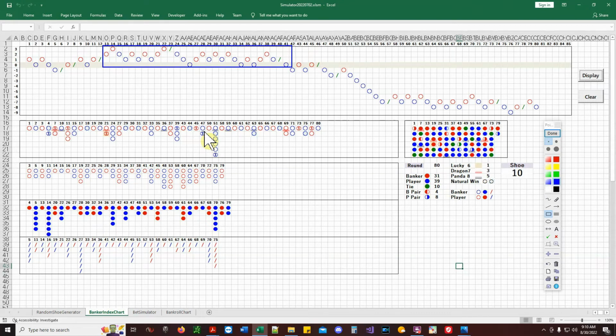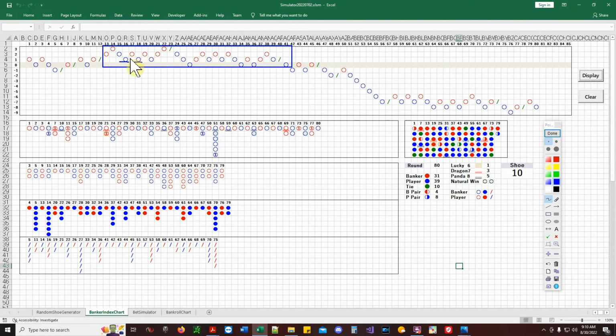Player becomes support. Major support is only established after 2 consecutive players on that line.